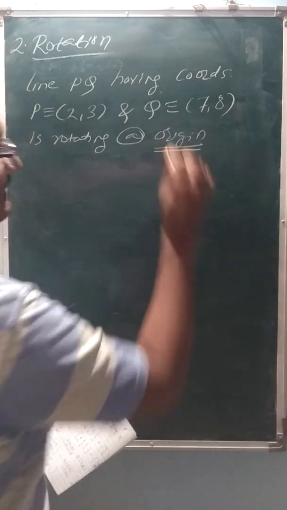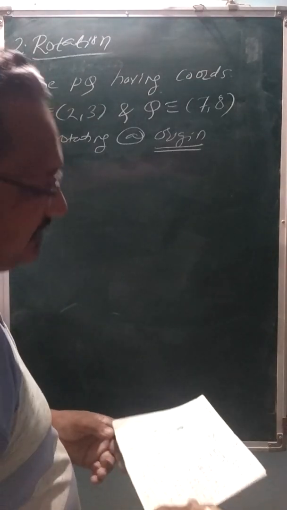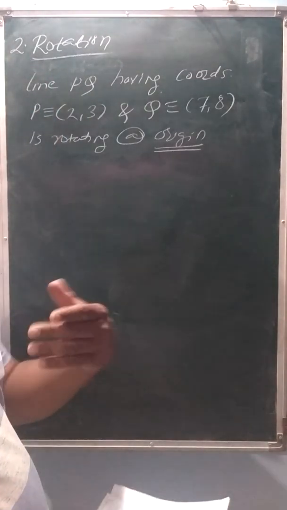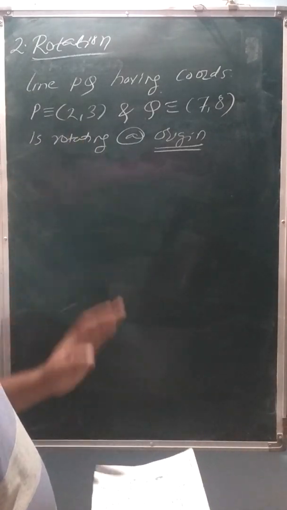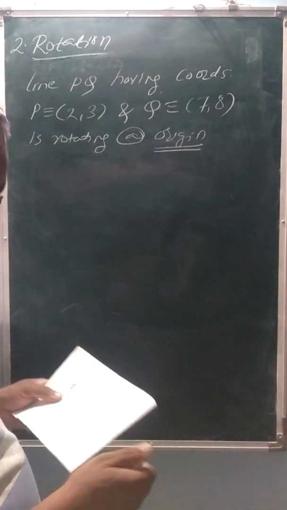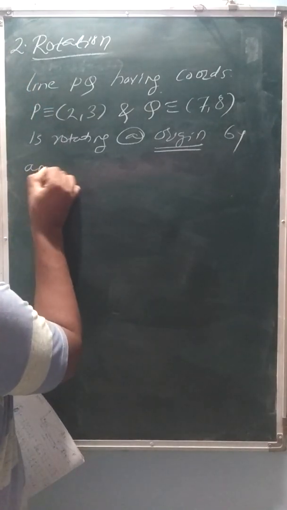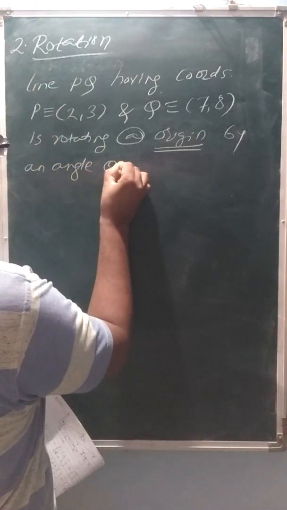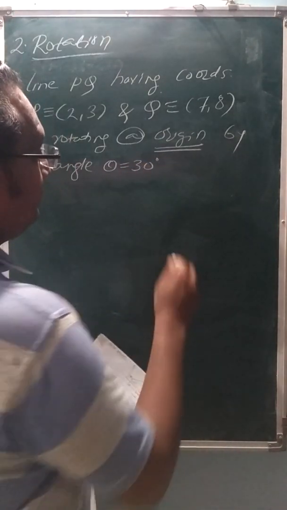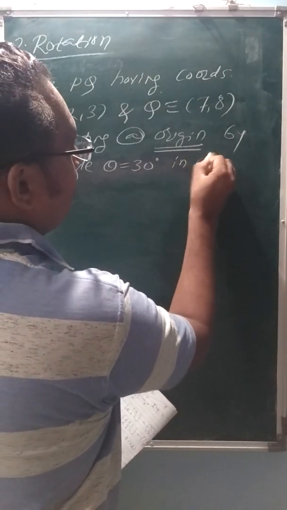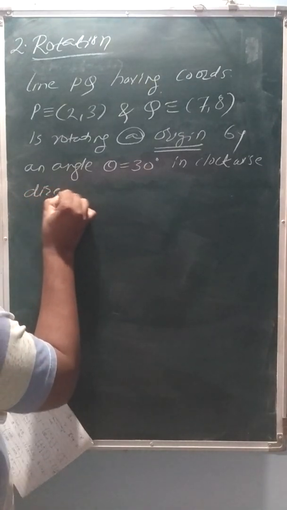This particular word is very, very important. Hence onwards we will rotate the geometric entity about an arbitrary point, but before that we are learning this rotation about the origin only, by an angle theta equals 30 degrees in the clockwise direction.